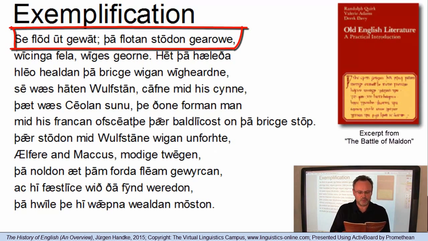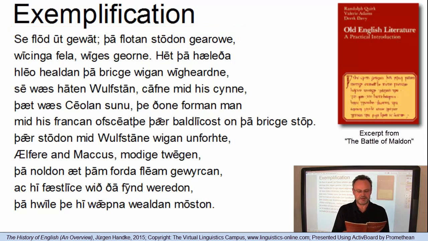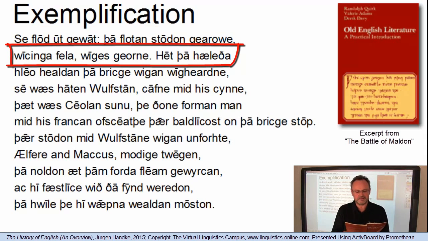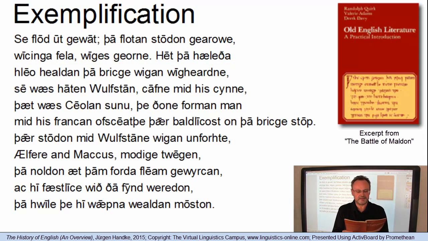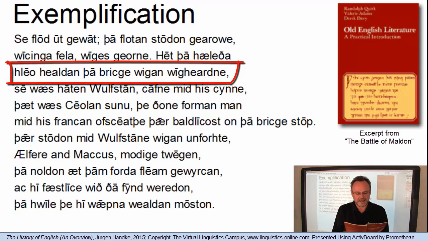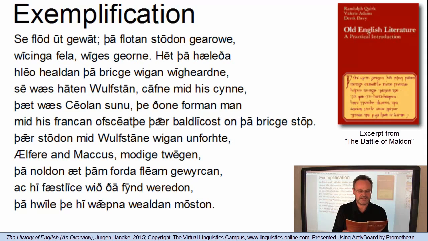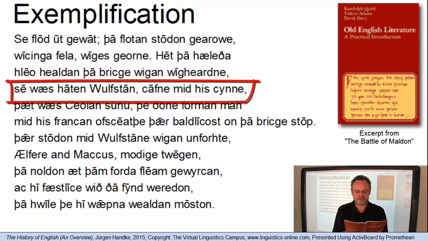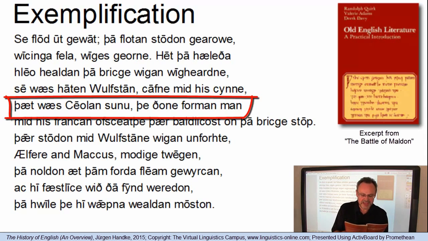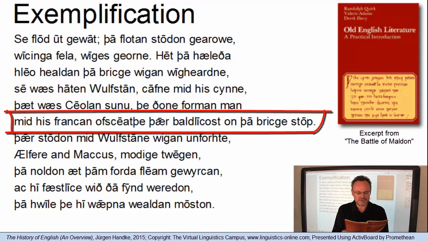Se vlood uitgewaad, sa flottan stoden jerwe, vikinga fella, wie is jerne, heet sa helada, glea, heldan sa britje, wie en wie herne. Ze was haten wolfstaan, kavne mit his kunne. Dat was kerlan sunu, ze thone forman man, mit his franken offschert.